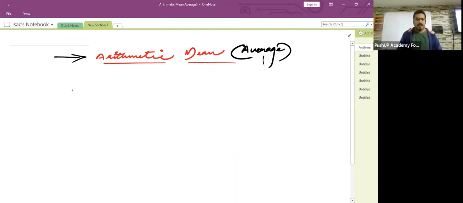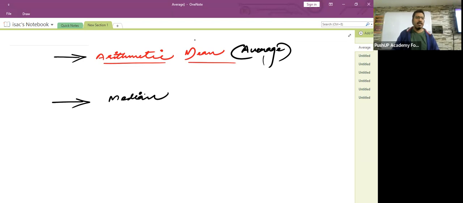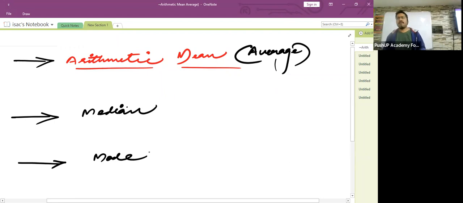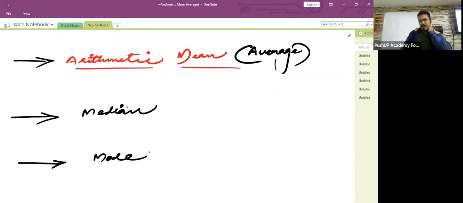The second topic that we are going to deal with is median. The third topic that we are going to deal with in this chapter is mode. Kindly make a note of everything, children, because I'm going to show you the mark distribution also.